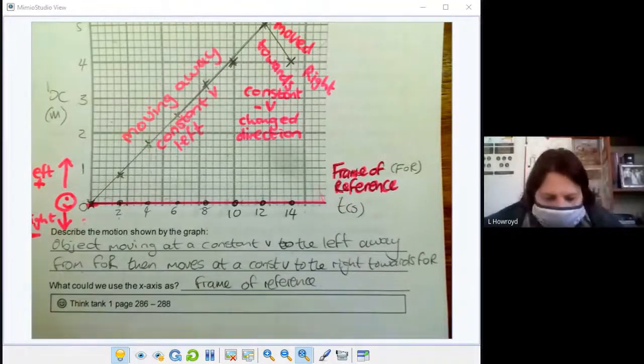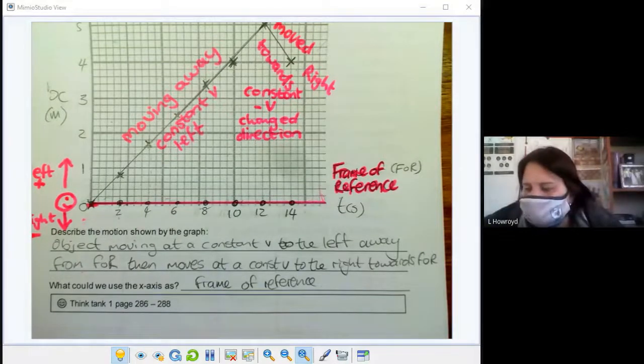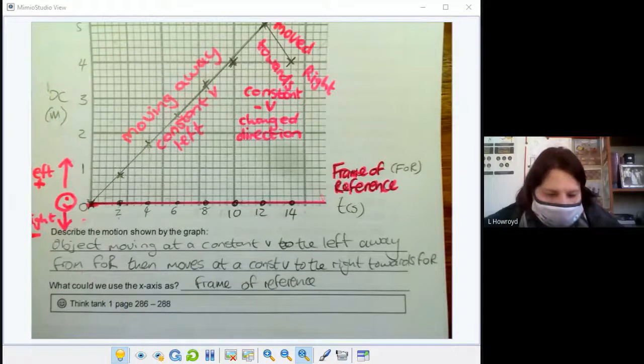Tomorrow is the last day I see you for the week, so I need to do a little task with you tomorrow. I'm going to just quickly give you something very short, so it won't take up the whole hour, just to see if you're realizing how these graphs look. It will only be a position time graph that I'll give you, and you're going to interpret the motion, okay?